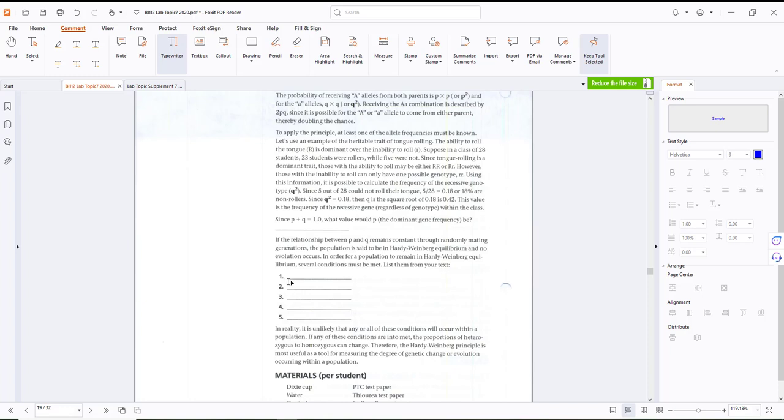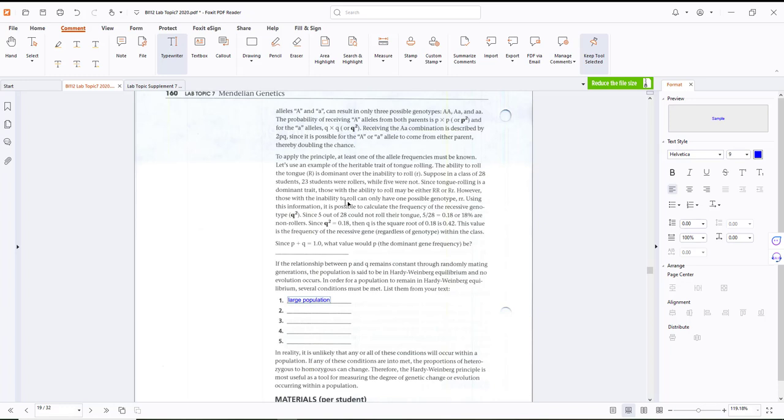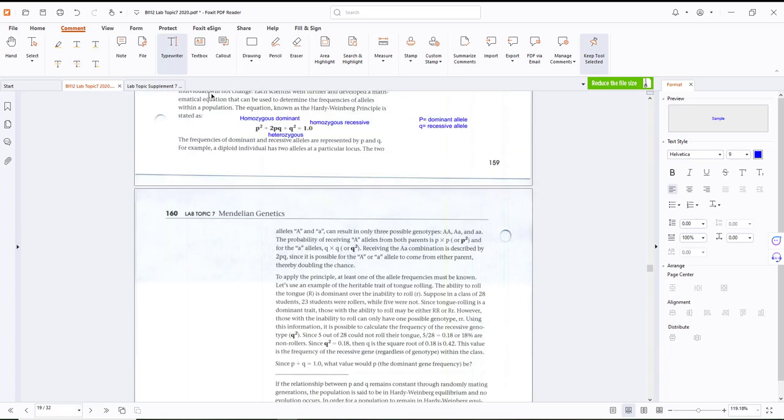So the first one that makes it so that we're in Hardy-Weinberg equilibrium is that we must have a large population. Okay, so this works if we have a large population. If we're only dealing with like 3 people, this isn't going to work.